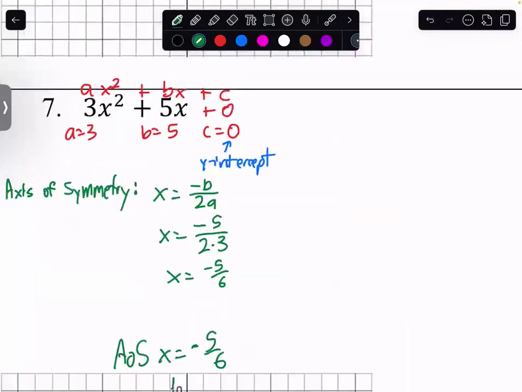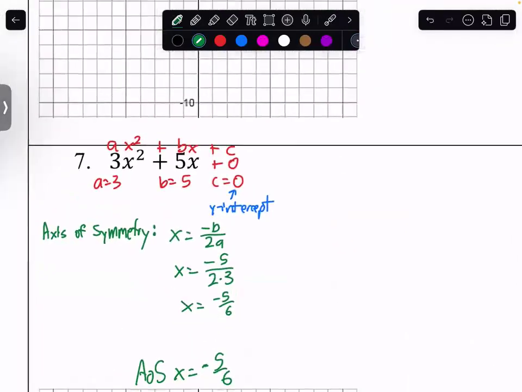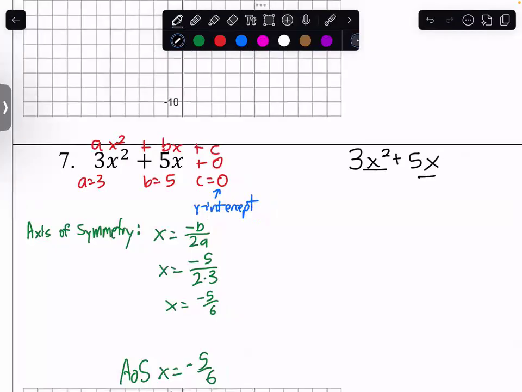Now, another thing we can do is try to factor the standard form. Let me just rewrite it over here so it's not as crowded. With problems with no constant, no number at the end, that means they both have an x.